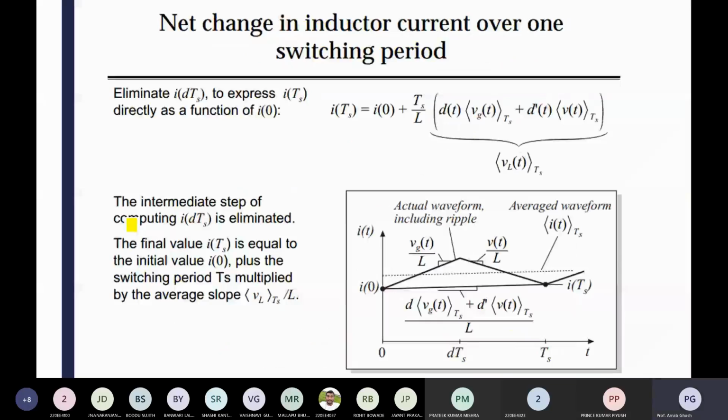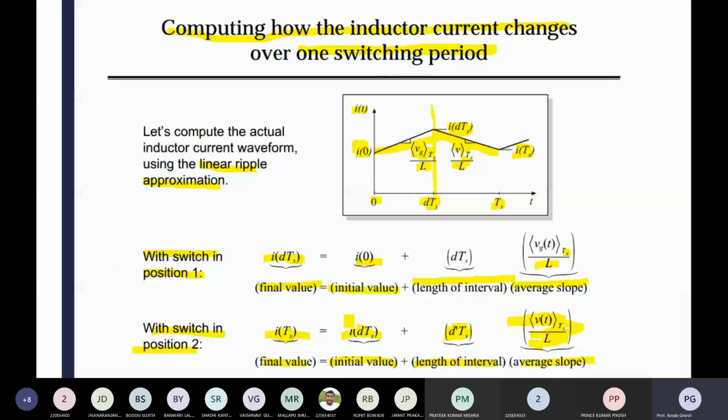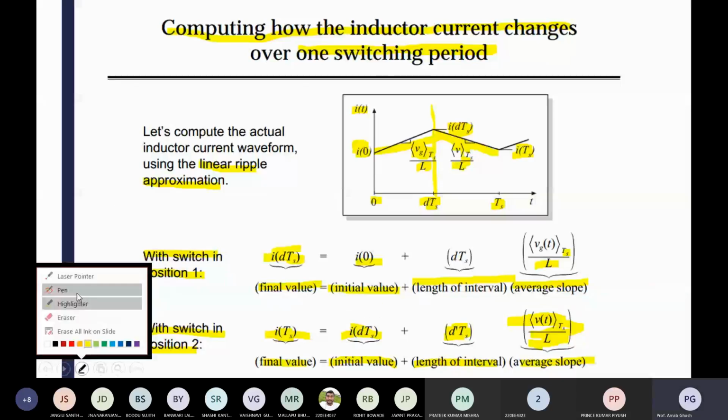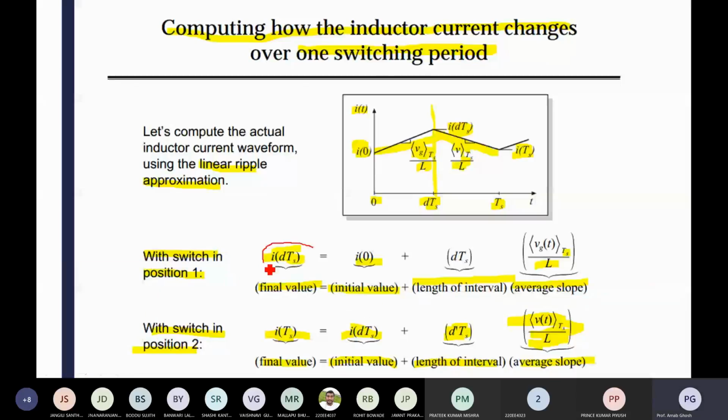Now we can add both of them. So what is that value? The net change of inductor current over one switching period. So we are adding them, eliminating that I(dTs) to express in I(Ts). You know that value of I(dTs), so now you are replacing that I(dTs) value over here.